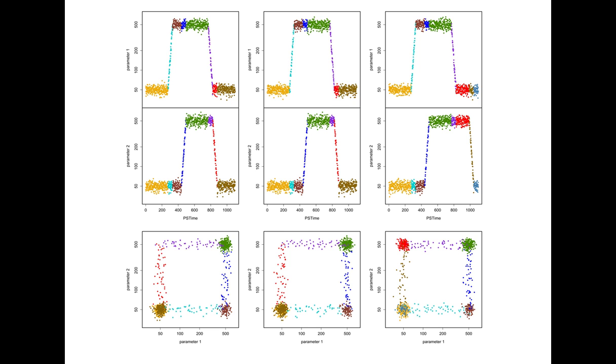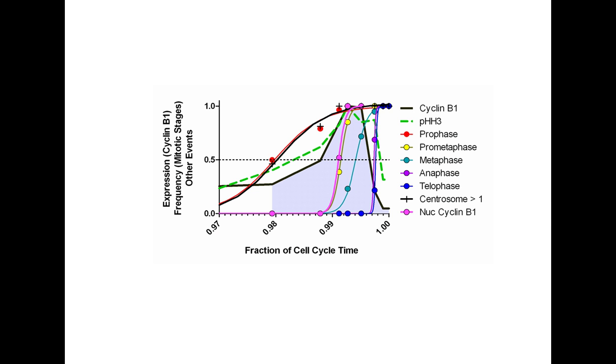Now, going back to our data from the laser scanning cytometer, if we calculate the median fluorescence and plot it on the y-axis and plot relative cell cycle time calculated from the compartment frequencies on the x-axis, we can see the profiles underlying the parameters.